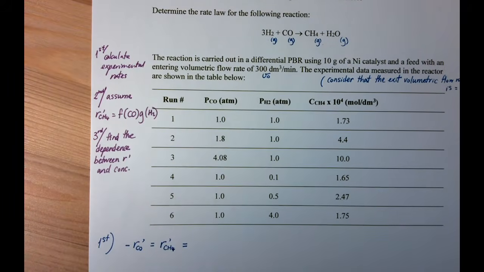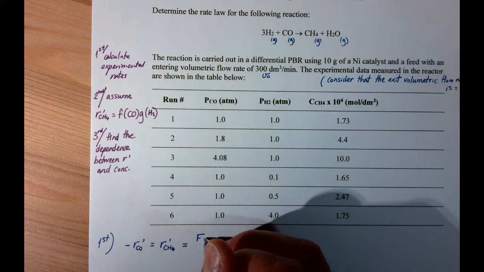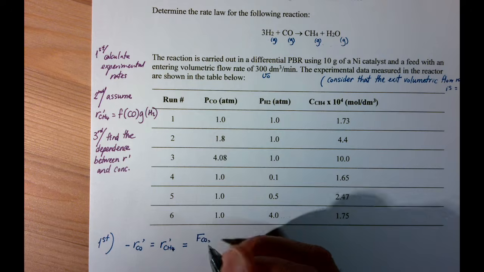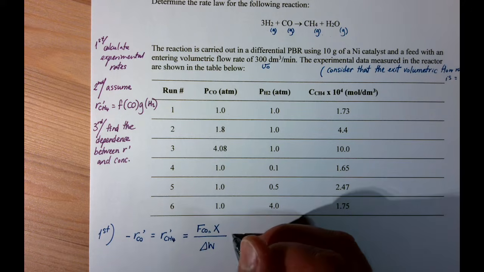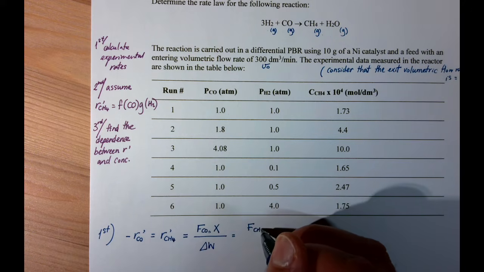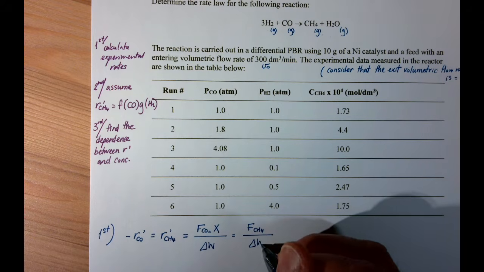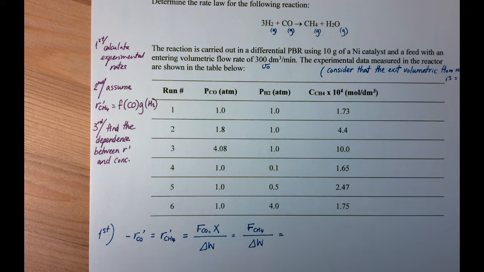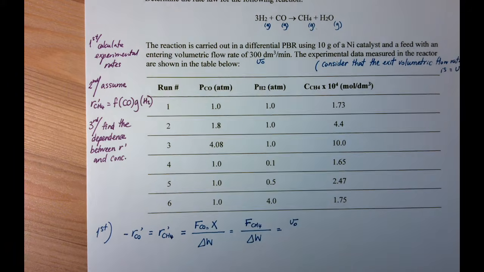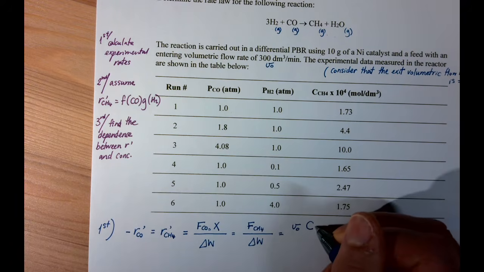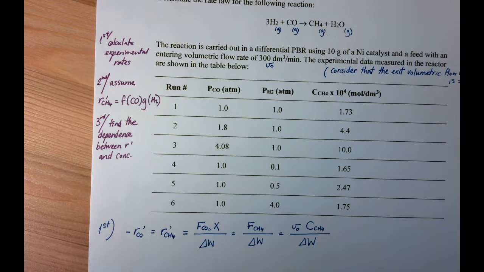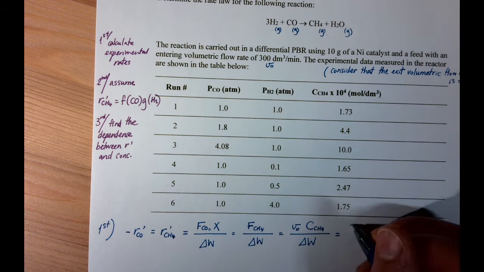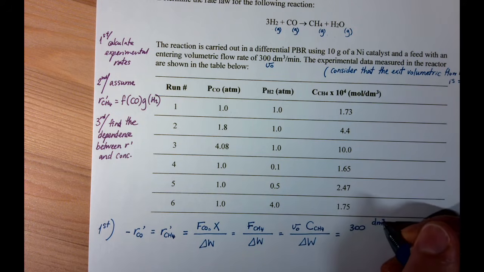So here, the mole of product would be the molar flow rate of the reactant going in times the conversion divided by delta W, and the molar flow rate can be expressed as volumetric flow rate, which is constant in this case, times the concentration of methane divided by delta W. Okay, so I know that the volumetric flow rate is 300 cubic decimeters per minute.